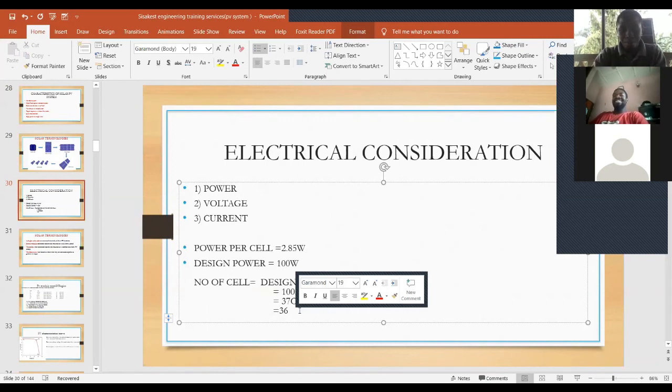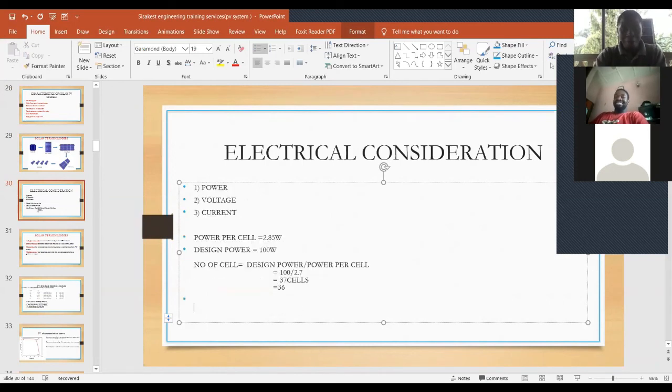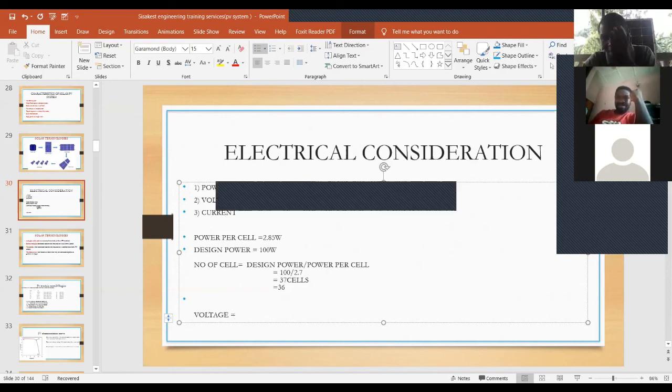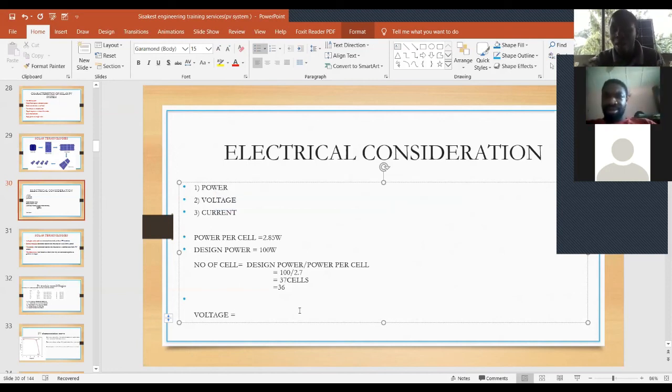So, what will my voltage be? That's the next question. What will my voltage be? Now the voltage is about you. Just calm down. We know from elementary physics that if you connect cells in parallel, what's the answer?